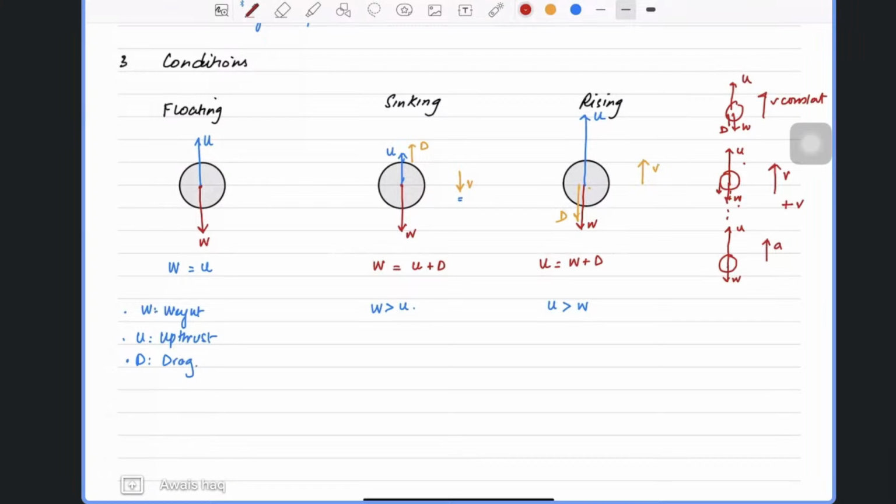Is it clear? The only thing you need to focus on is that in rising, drag is down because velocity is upwards, and in sinking, drag is up because velocity is down. And the main function of drag is to balance out the difference between weight and upthrust, if there is any, at a certain velocity, okay?